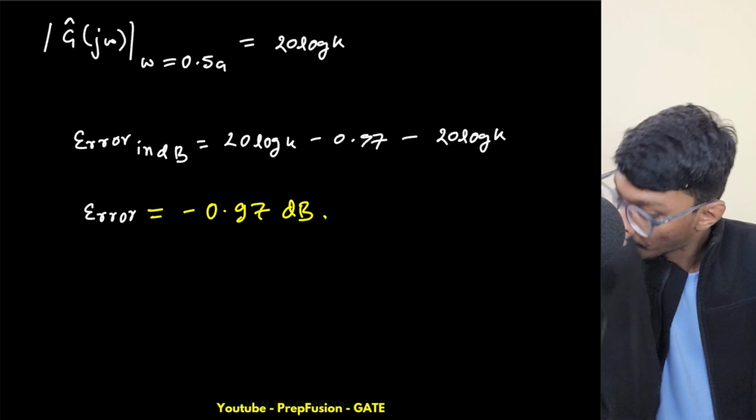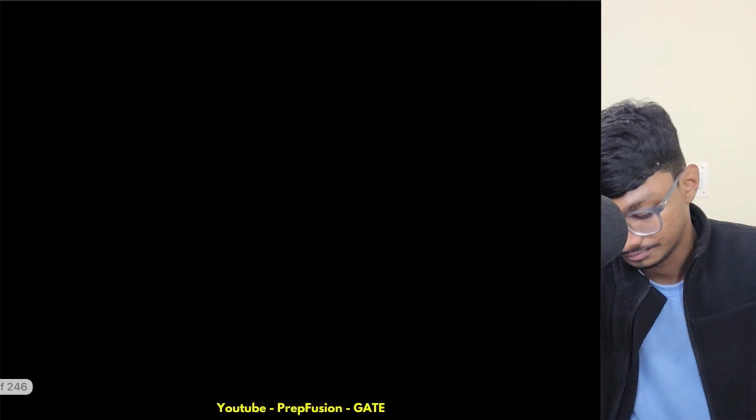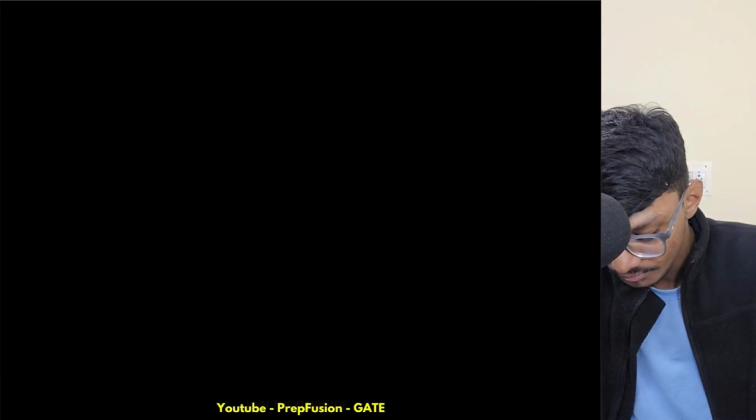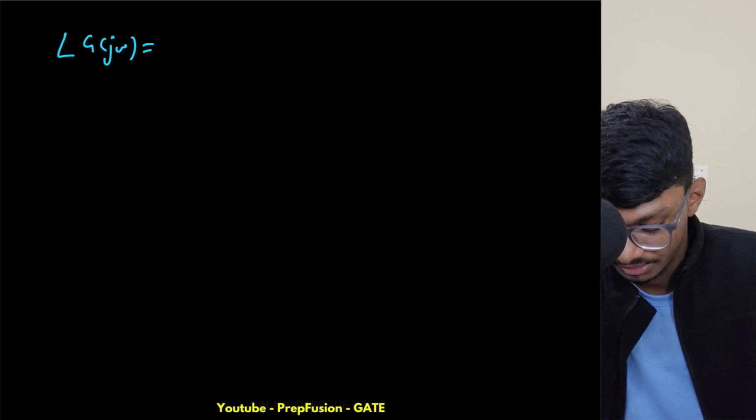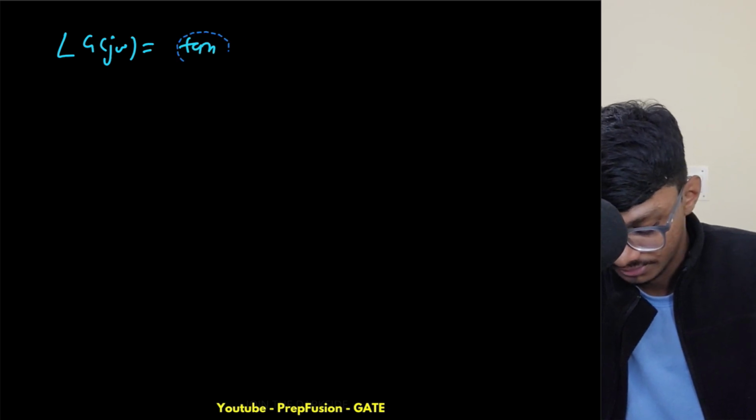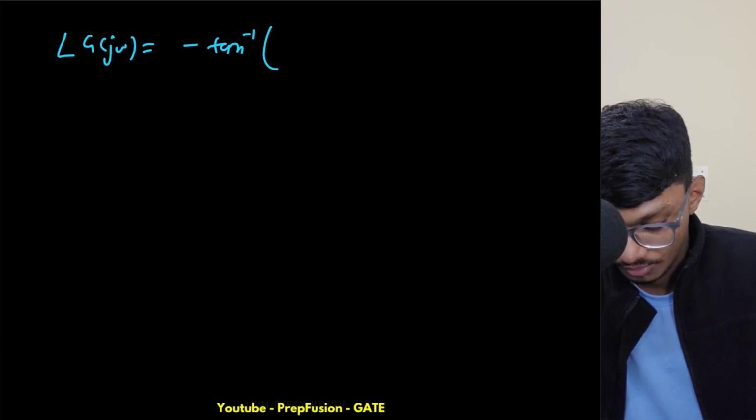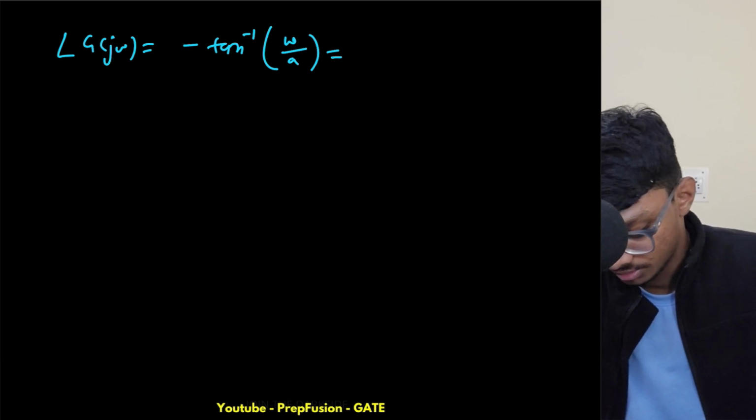Now let's find the error in phase angle. So error in phase, again let's write the angle formula. It is simple, right? Tan inverse minus tan inverse of omega by A. So what is this? 0.5.